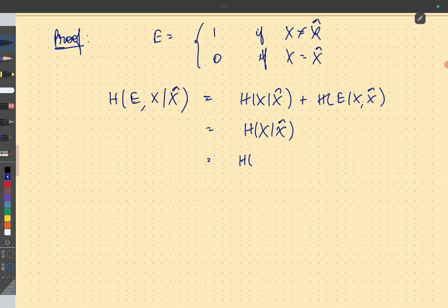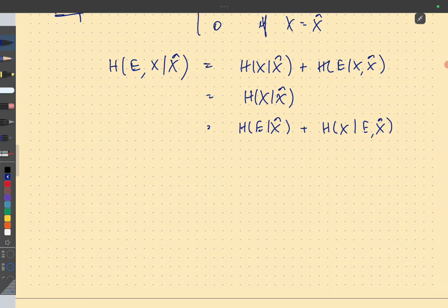This is equal to H of E given x hat plus H of x given E and x hat. Now, what do I want? I want to bring this to the form of the binary entropy of PE plus PE times log of cardinality of X. The first one is a little easier to see.